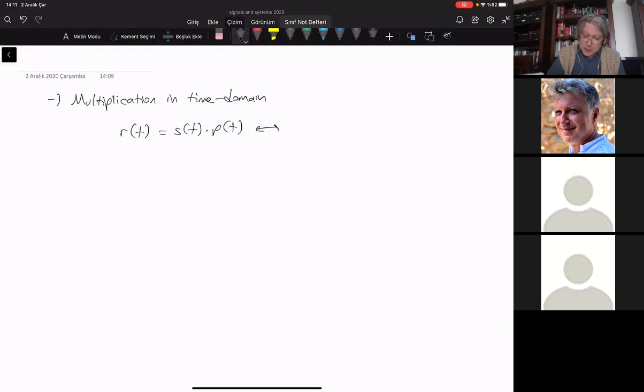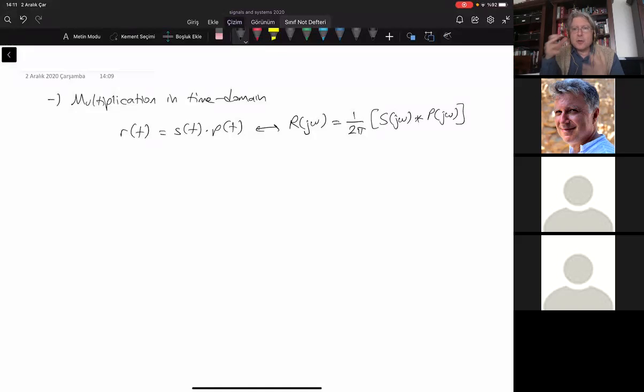When you use that duality property, you will find that the Fourier transform of R of t, which is R of j omega, is equal to 1 over 2 pi, the Fourier transform of s, that is S of j omega, convolved with the Fourier transform P of j omega. And the convolution is now on the frequency axis.